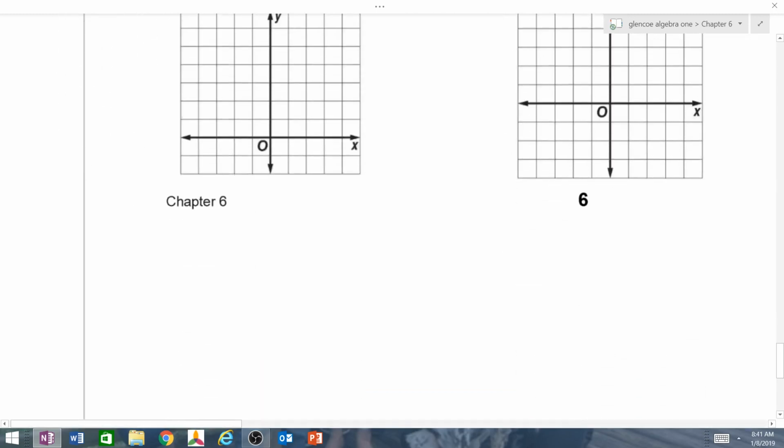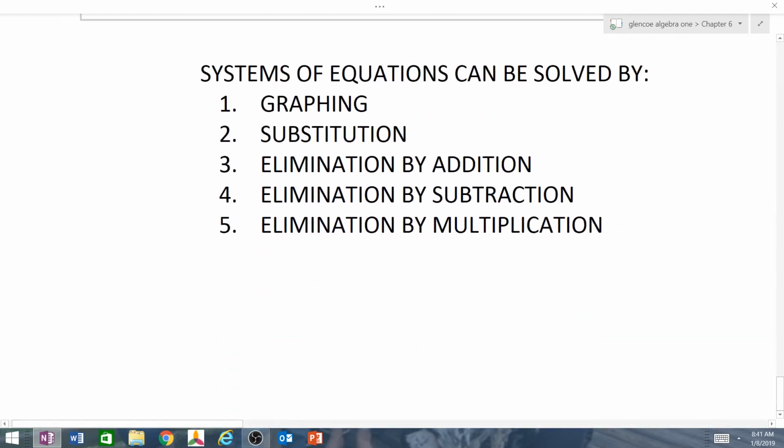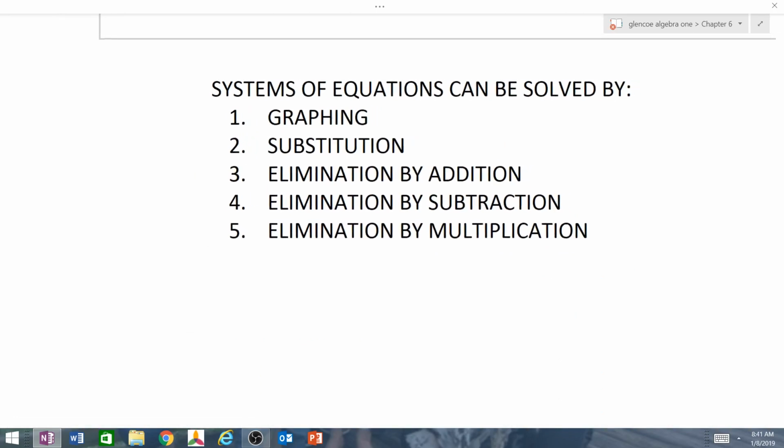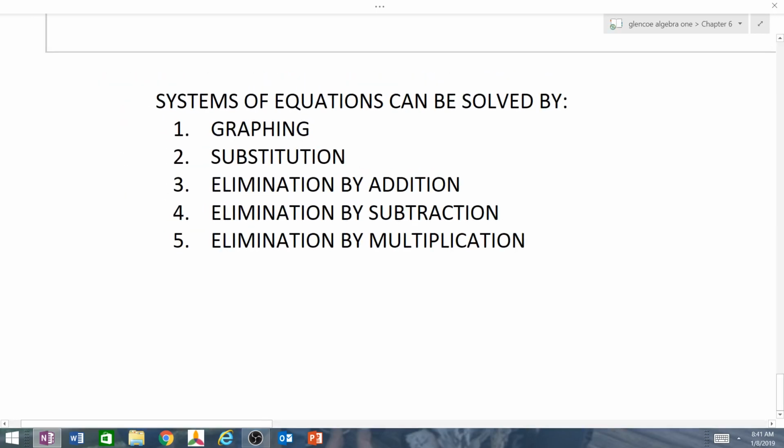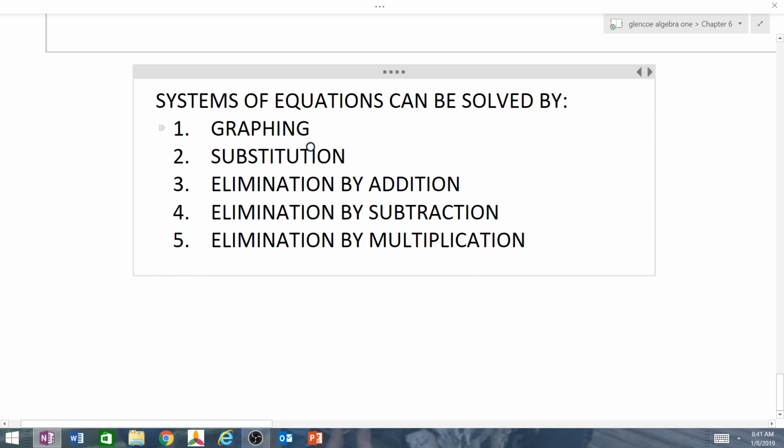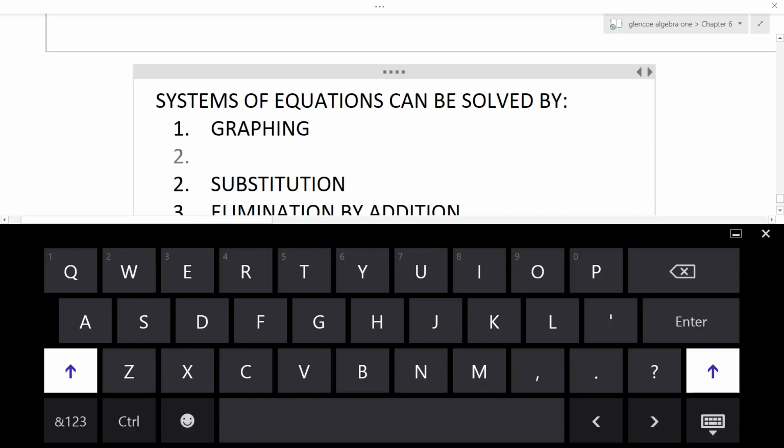But I want to bring this to an end here, and I want to end with this. In your notes, I believe, for some reason, it didn't get scanned into mine, but systems of equations can be solved by graphing, and I'm going to slash this here. So let me just go ahead and add it in. Let's see if this is going to work.